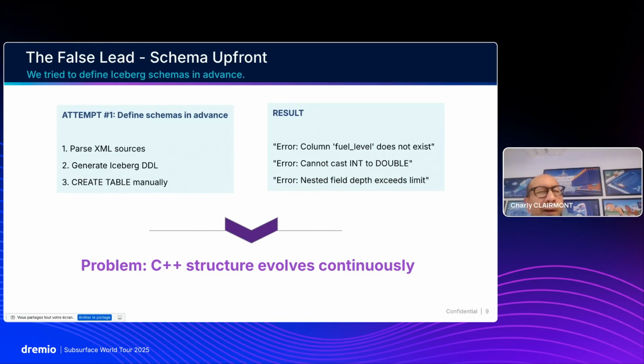In fact, we have different kinds of entities we propagate from the C++ application to Kafka and finally Iceberg, about 150 entities.